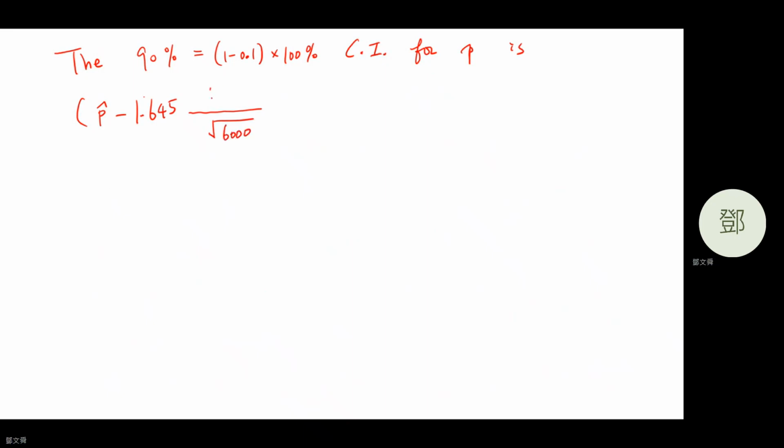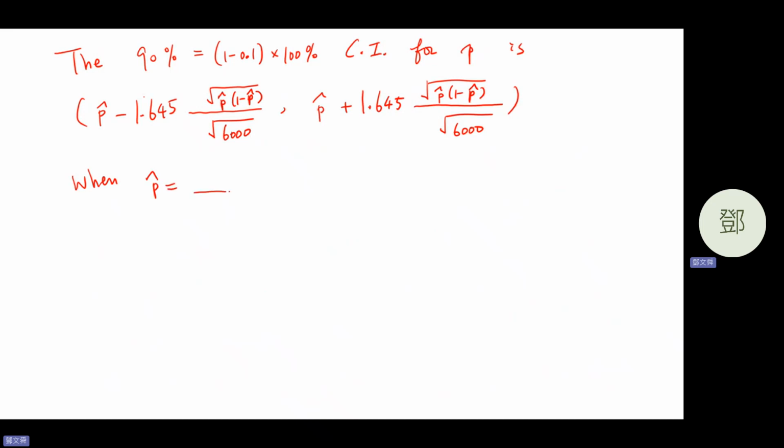Right? Plus or minus. Okay, and this is where P hat is the sum of X1 all the way to X6000, divided by n.